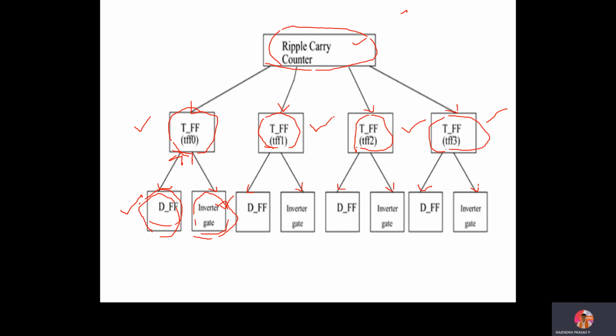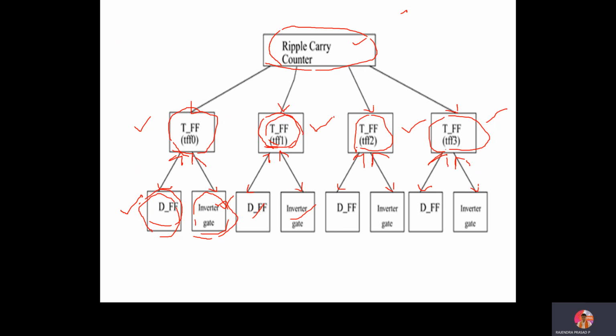Bottom to up. So I will first create TFF0, using this DFF and this inverter gate, and then I will build TFF1. So all your arrow marks will be changed, all towards up. This towards up we call the bottom to top approach.